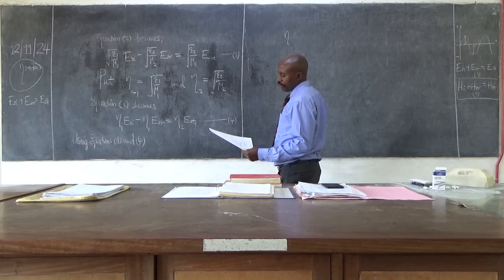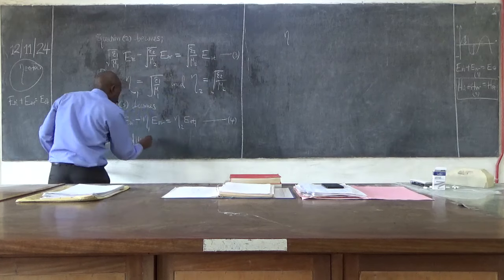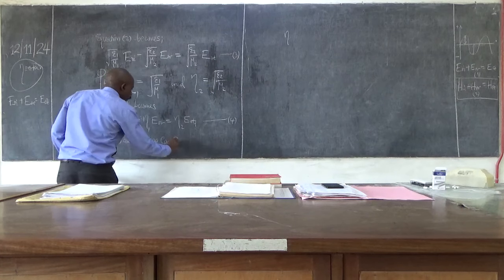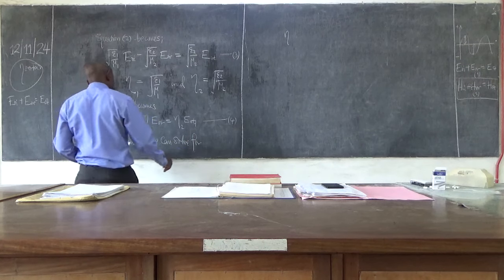Using equations 1 and 4, we can solve for nR and nRt as follows, using senior 2 math.